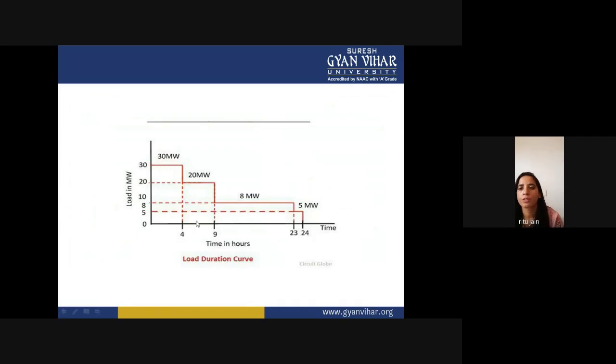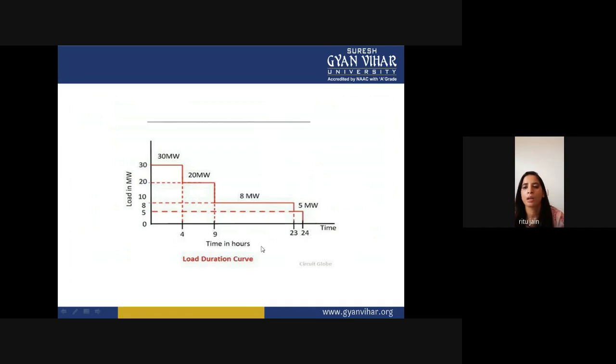In another load duration curve, you can see that for 4 hours the load is 30 megawatt. You can see that we are arranging the load in descending order: first 30 megawatt, then 20 megawatt, then 8 megawatt, then 5 megawatt.